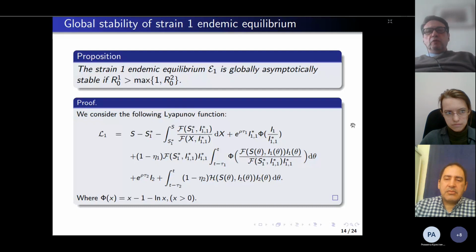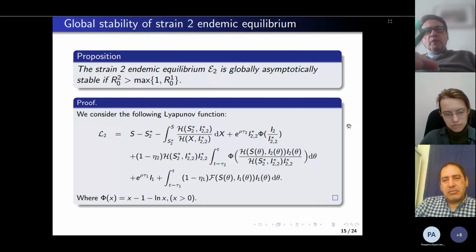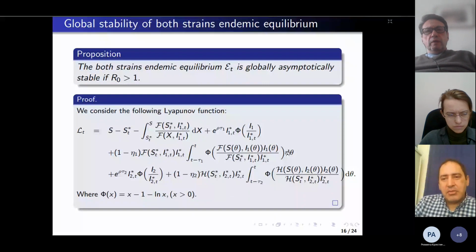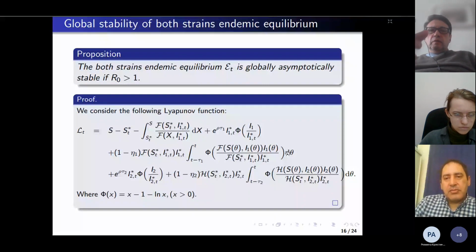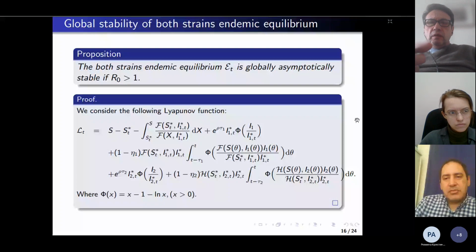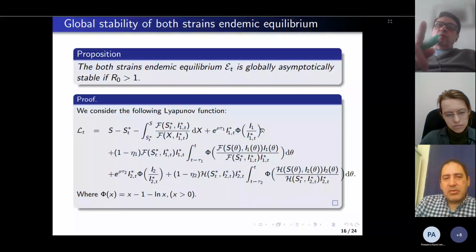But you have found also others. Could you show the next slide? You have this L1, then L2, but also L3 for the third one, yes or not? This is the Lyapunov function for the second endemic equilibrium. No, this is for both of them. Okay, for both, yes.